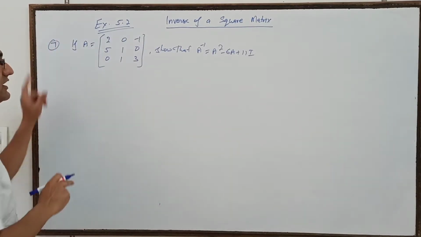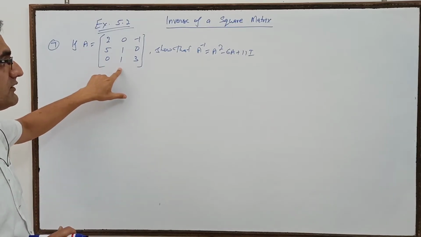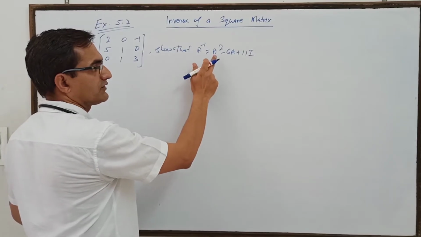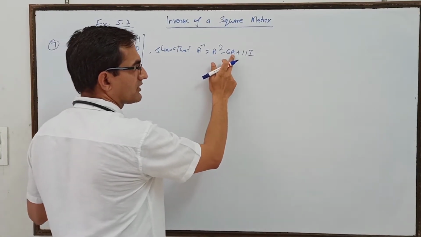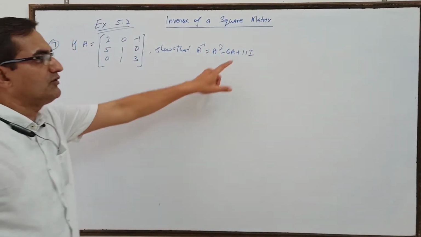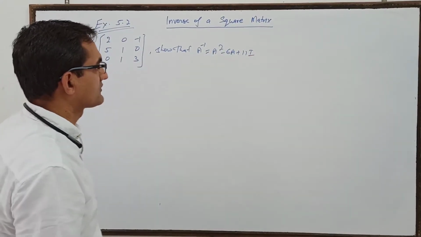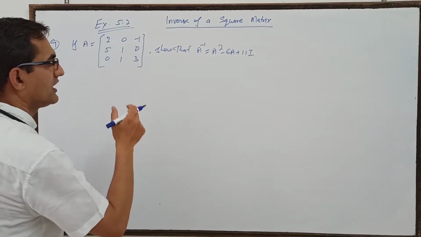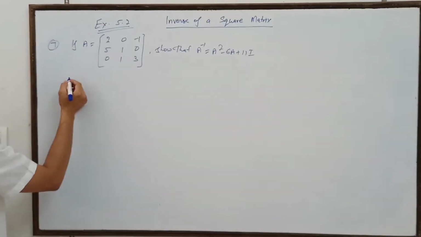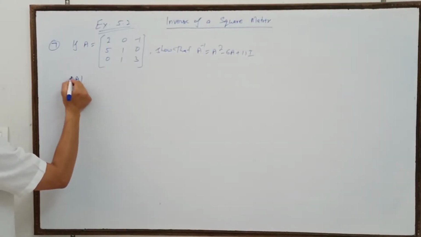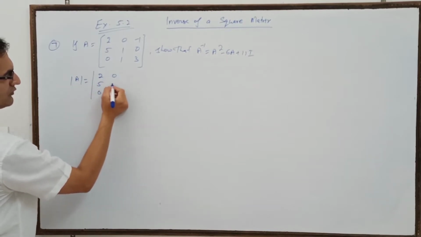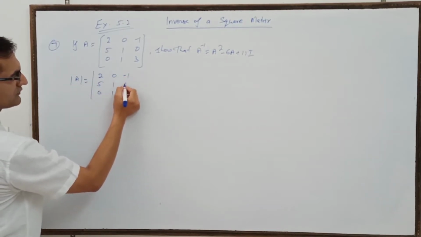Next question is, if matrix A is given, we have to show that inverse of A is equal to A square minus 6 into matrix A plus 11 into identity matrix. So first of all, we can find the inverse of A. For that, find the determinant of A: 2 5 0, 0 1 1, minus 1 0 3.